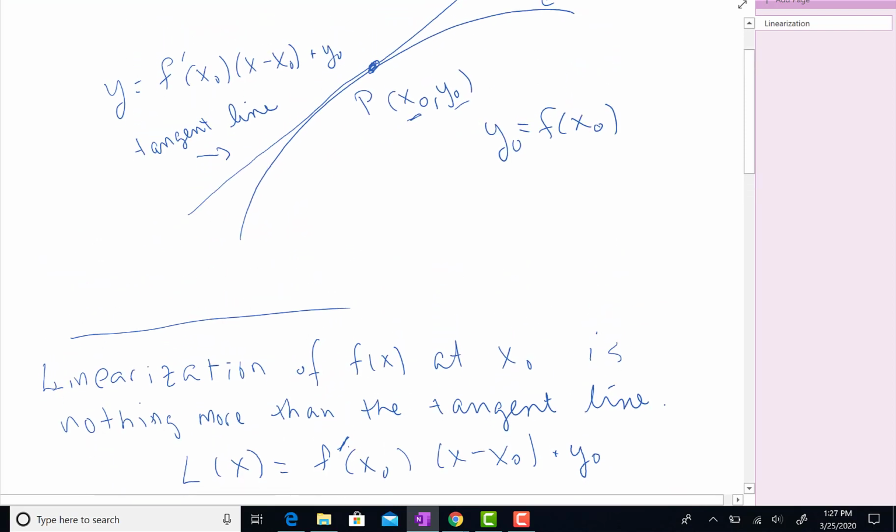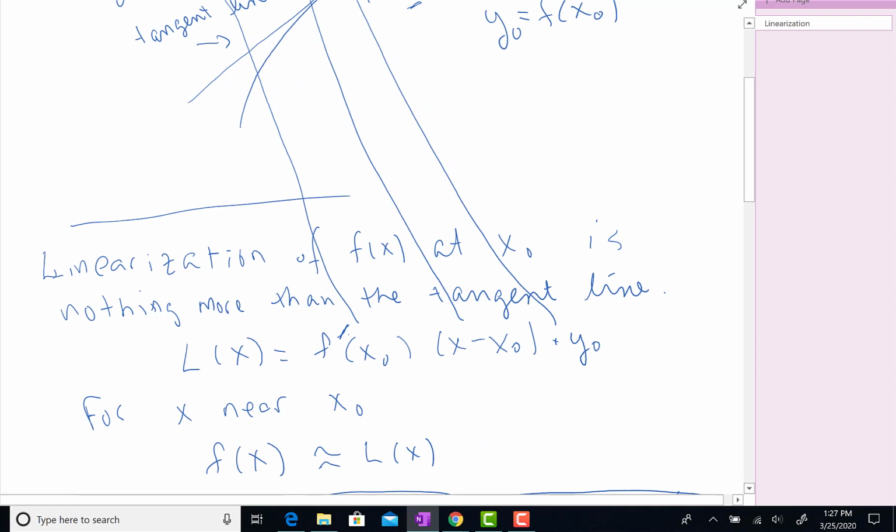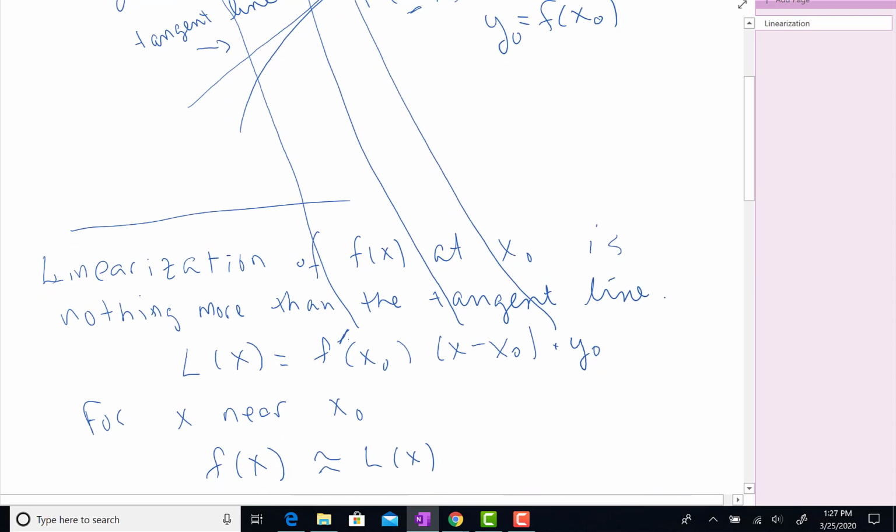So I want to write this here so we can compare: the equation for the tangent line is exactly the same as the equation for the linearization. The important thing about the linearization, just like the tangent line, is that if x is a value close to x0, then the value of the function evaluated at x is approximately the value of the linearization.